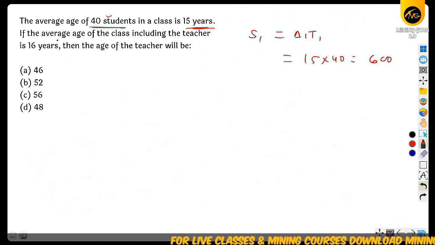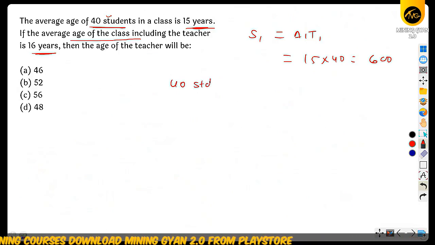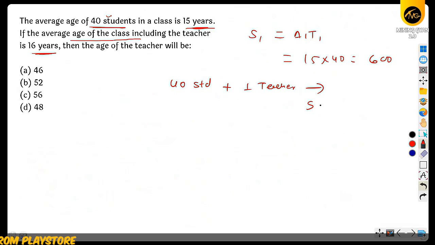Now if the average age of the class including the teacher is 16 years. Suppose we have a class with the average age and just include a teacher, with 16 years. Now 40 students plus one teacher, this will be S2.